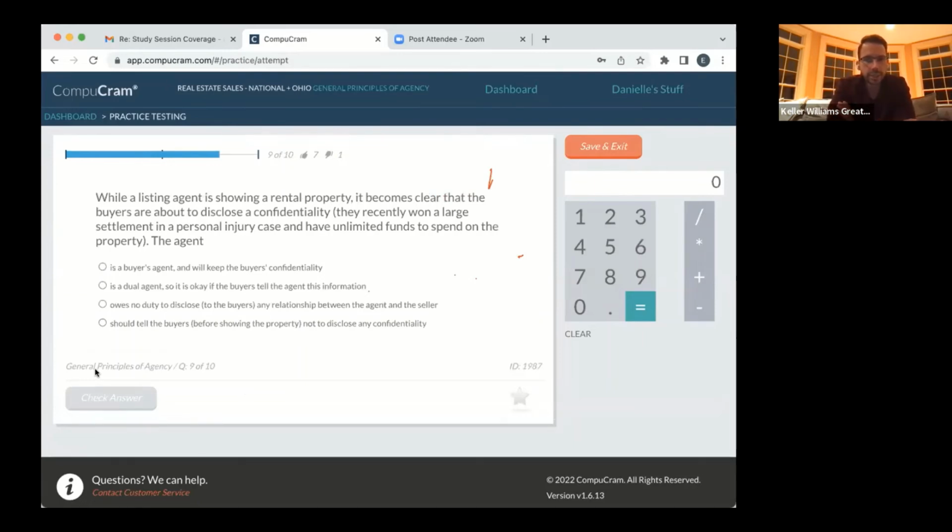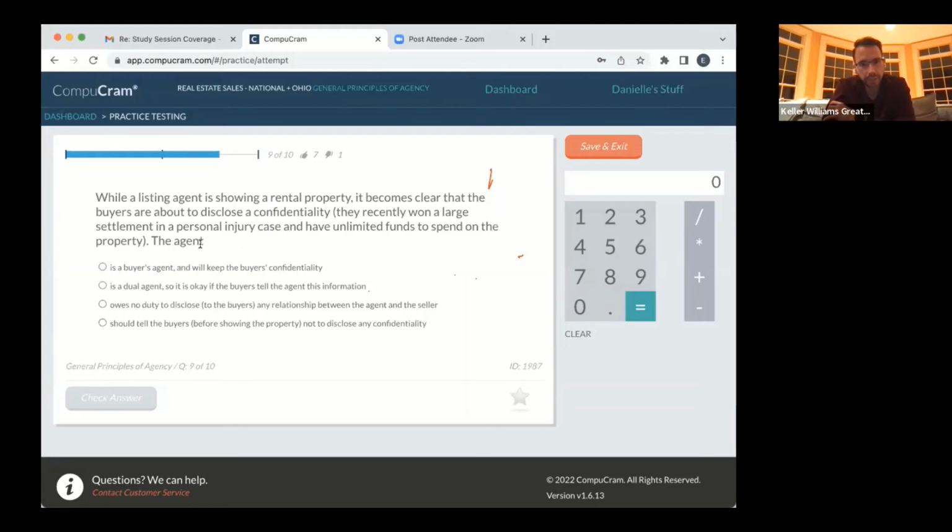While a listing agent is showing a rental property, it becomes clear that the buyers are about to disclose a confidentiality. They recently won a large settlement in a personal injury case and have unlimited funds to spend on the property. The agent, A, is a buyer's agent and will keep the buyer's confidentiality.